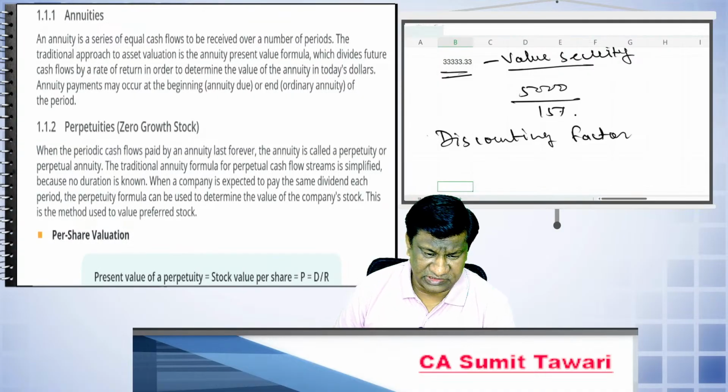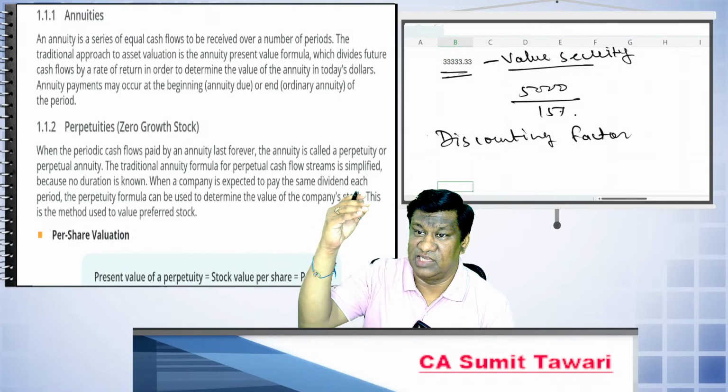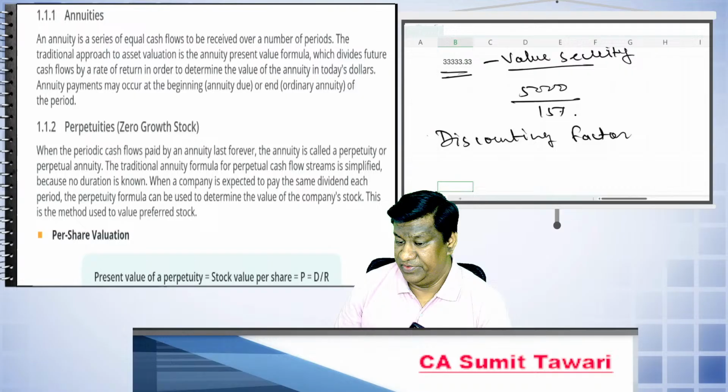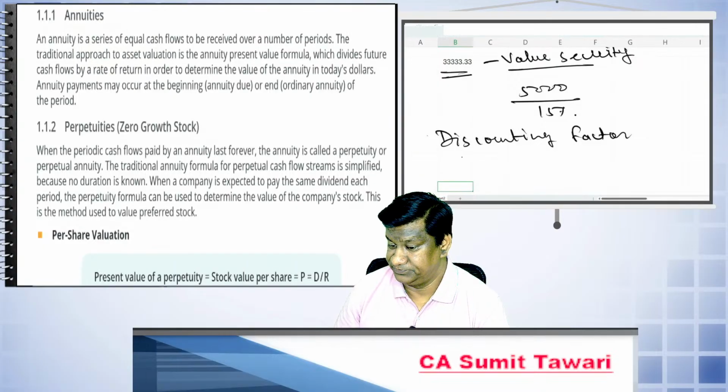We are going to discuss annuity due and ordinary annuity, so that kind of confusion may arise. They will give the data for 5%, 6%, 7%, and you need to select the proper one. But you do not actually require to calculate.